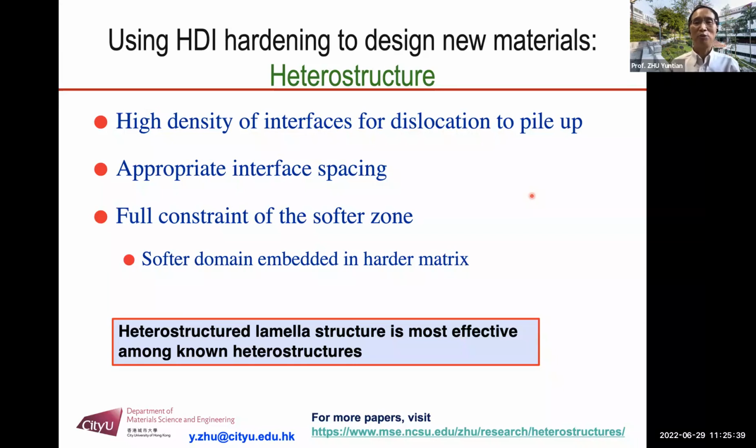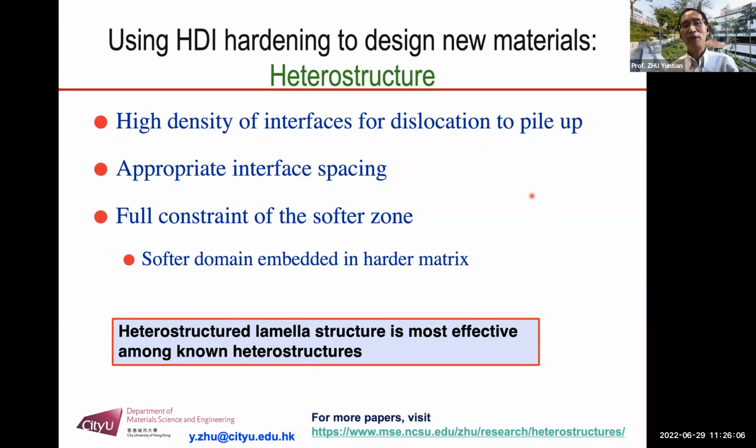We call that using the hard second phase to reinforce the softer matrix. Here the concept is totally different. Here the hard matrix is not ductile enough. We are using softer zones to make the hard matrix more ductile. So softer zones are the minority.